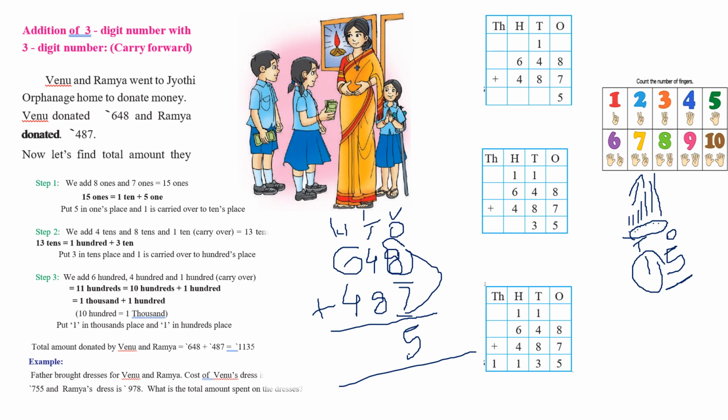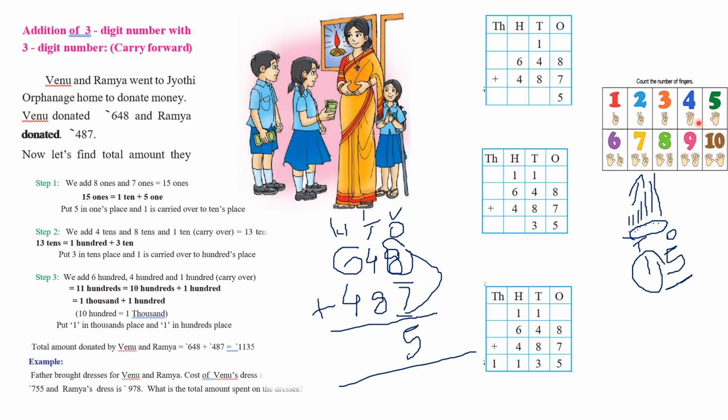So what is the next step? Now you have to add tens. What is the bigger number over here? It is 8. So keep 8 in the mind. And next, 4 numbers. Show me your 4 fingers like this. So 8 in the mind.